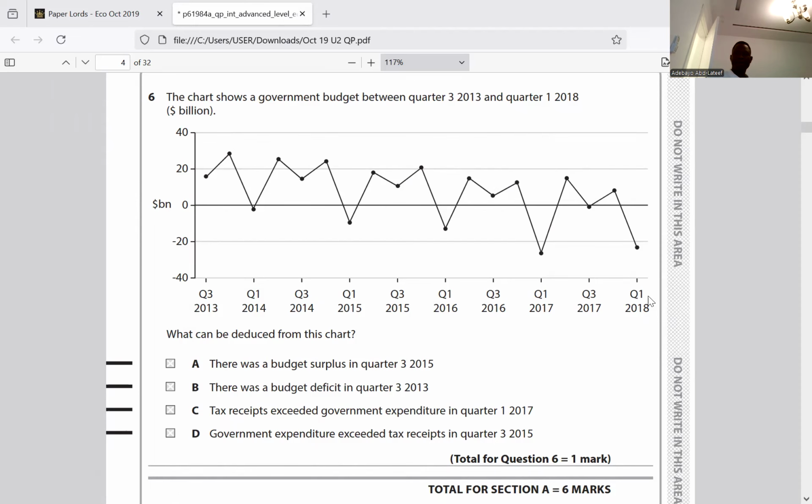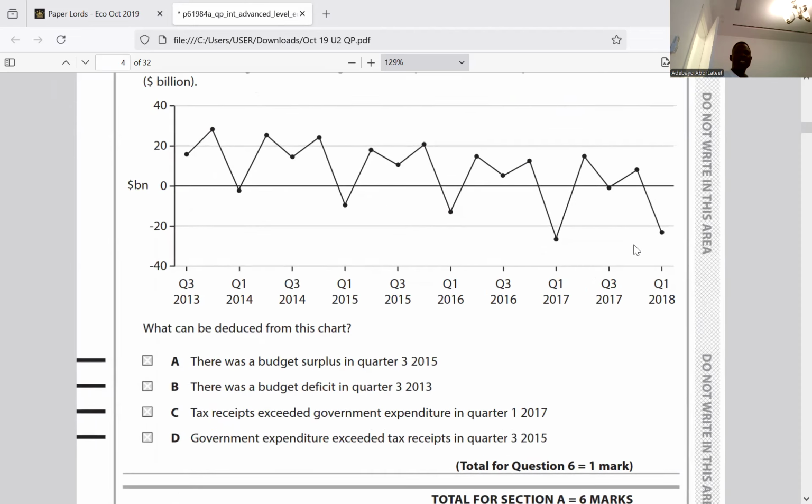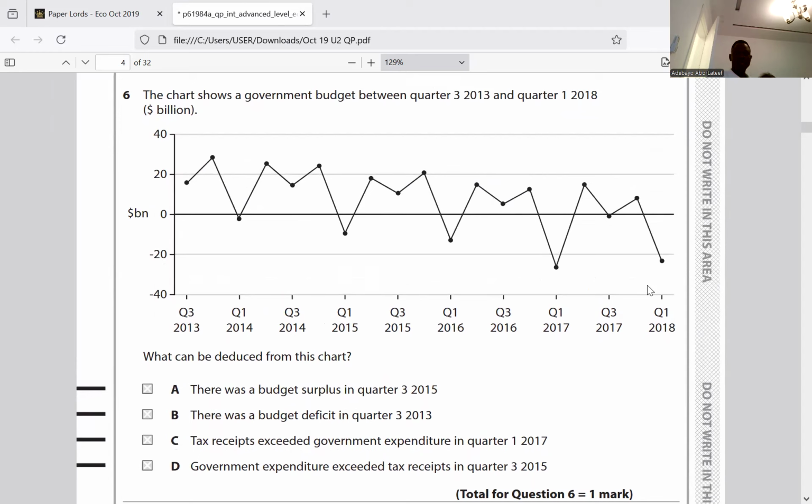Okay, we talked about that. So what can be deduced from this chart? There was a budget surplus in quarter 3 of 2015. In the graph, quarter 3 of 2015 is clearly above zero, meaning the government ran a budget surplus in that quarter.